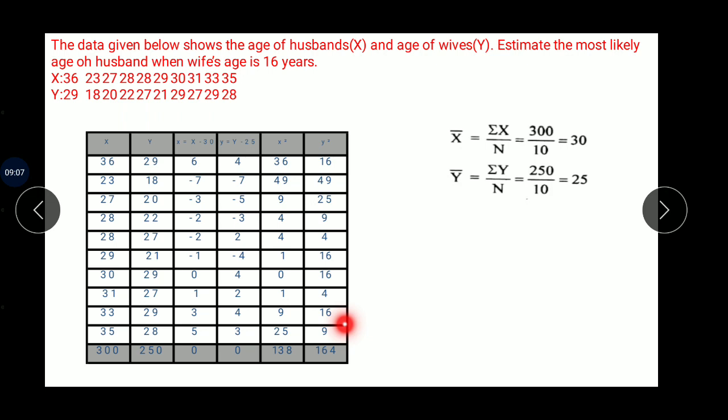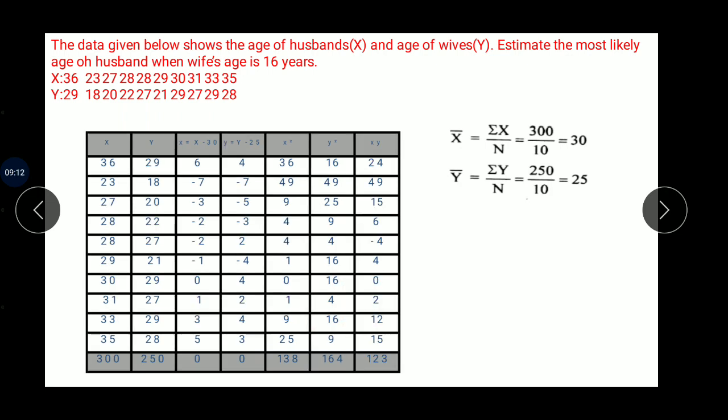Its sum will come out to be 164. Now we'll calculate xy, small x into small y. 6 into 4 is 24, minus 7 into minus 7 is 49, minus 3 into minus 5 is 15, minus 2 into minus 3 is 6, and so on, and its sum will come out to be 123.